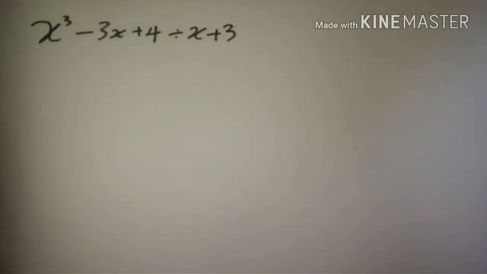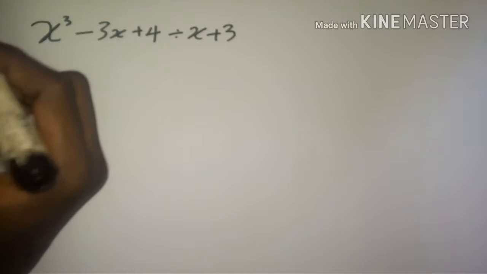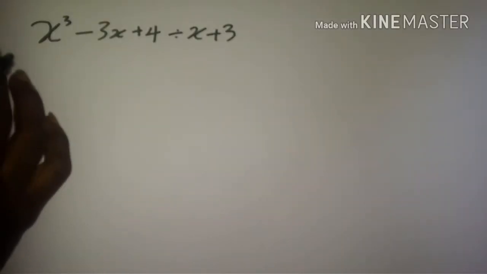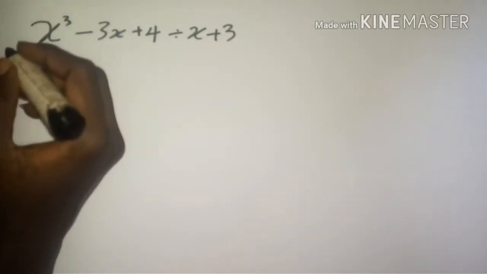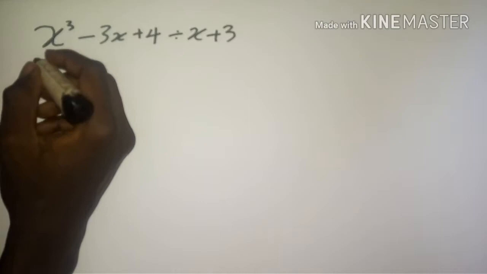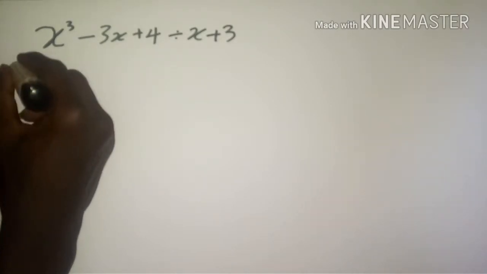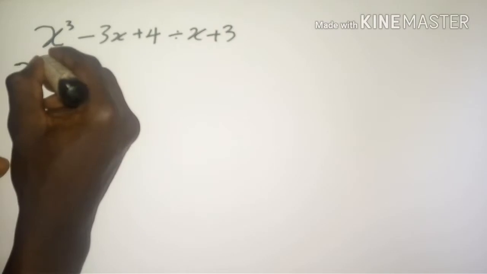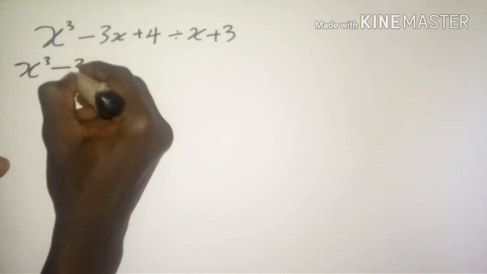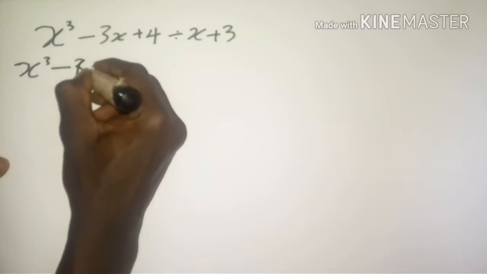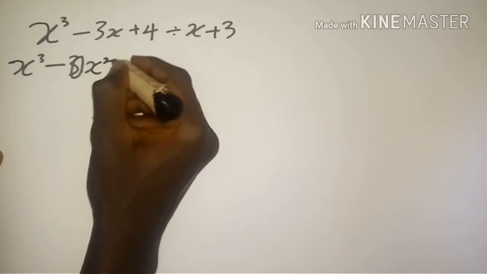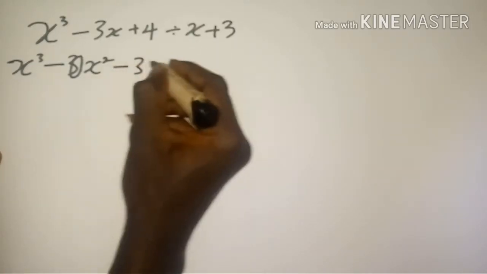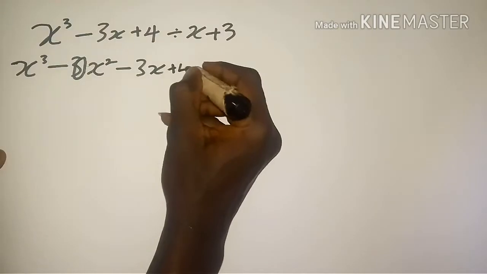First, I'll be using the synthetic method here. The first thing I'll do is rewrite this, because I want everyone to understand well, and put the power of 2 there, the x squared. So it will be like this: x cubed minus 3x, plus 0 x squared, minus 3x plus 4.